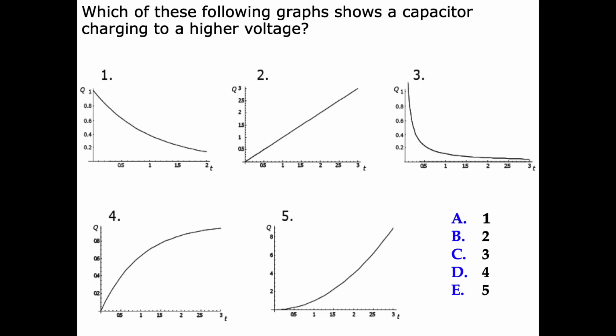On those graphs, the vertical axis is the charge on the capacitor. The horizontal axis is time. So think about it for a moment and see which one of those represents the charge on the capacitor as a function of time as the voltage increases across it.